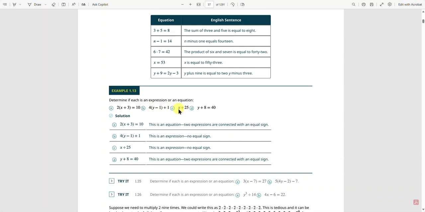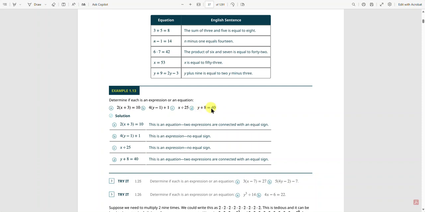For letter C, we have x, one expression, divided by 25. So we have an expression here because there's no equal sign. We don't have an equation. And here we've got y plus 8, which is an expression, is equal to 40, which is another expression.